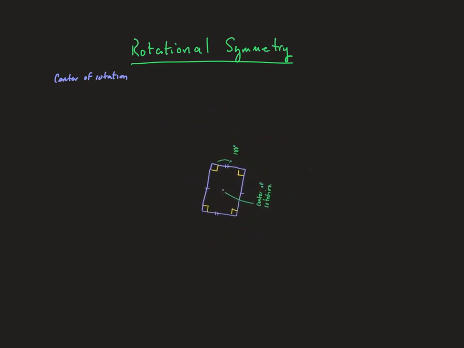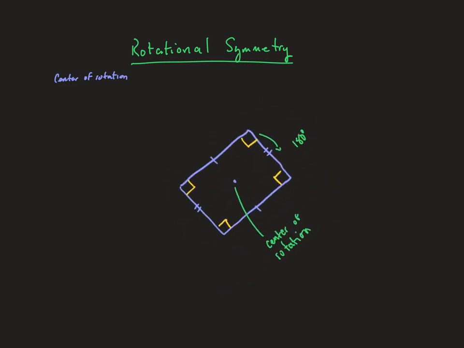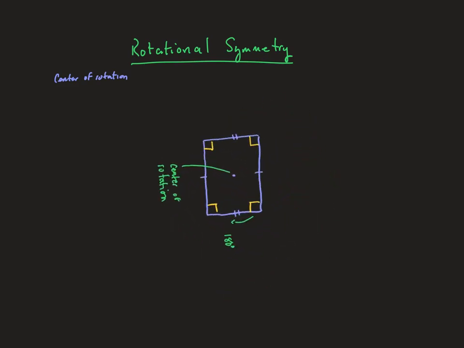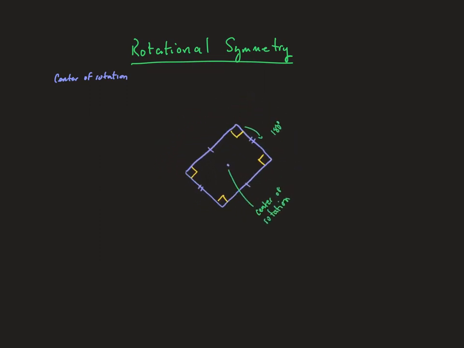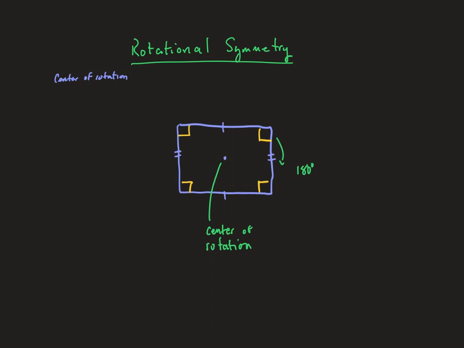As it rotates over the center, it should return to itself and cover its same position. So that is a center of rotation and moving around.